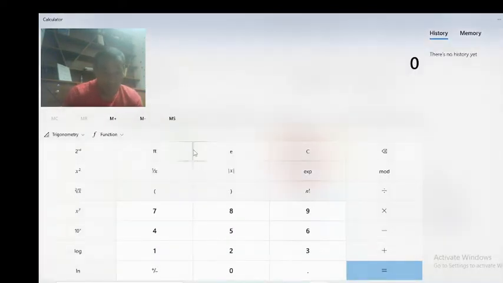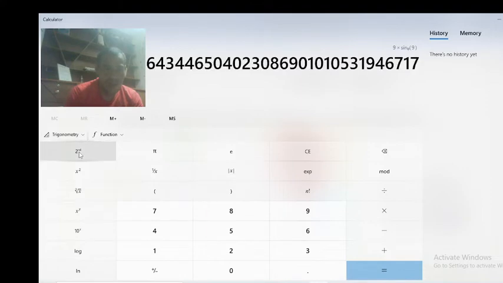Told I will make 9 sine, okay, degree. Okay, so I will make 9 multiply by sine of what?